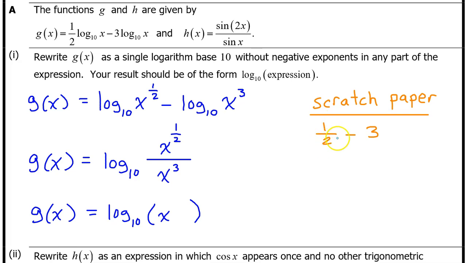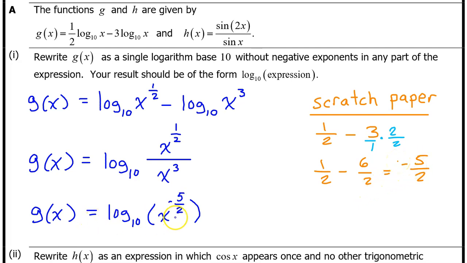To subtract 1/2 minus 3, we need like denominators. We can multiply 3 by 2 over 2. So this will be equivalent to 1/2 minus 6 over 2. 1/2 minus 6/2 is equal to negative 5/2.